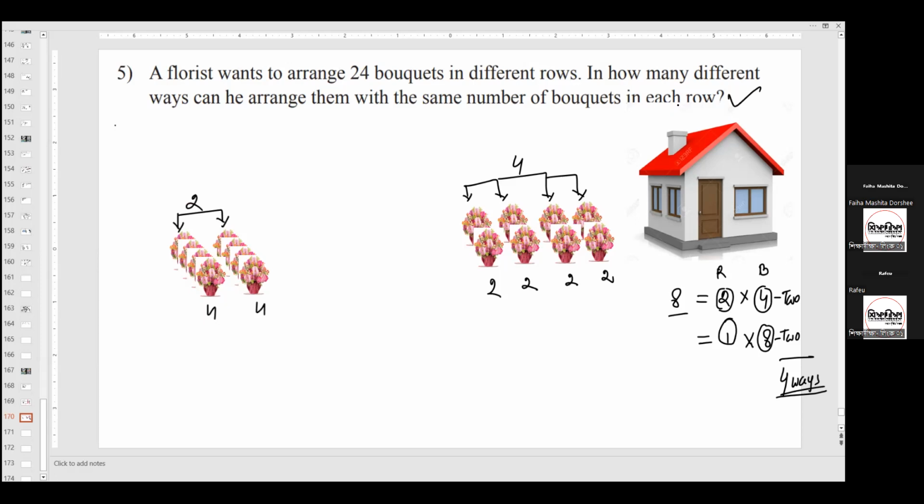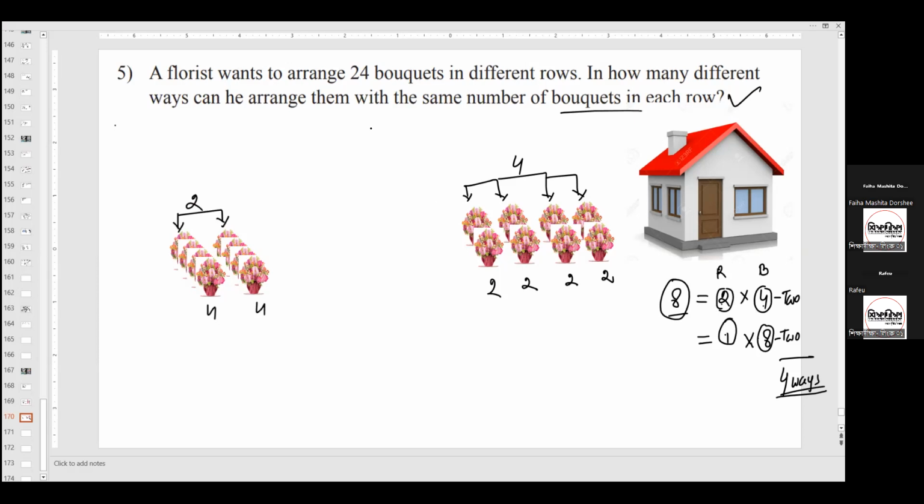If I have 8 bouquets altogether, then since the number 8 has altogether 4 factors, we have 4 different ways to arrange them according to the instruction given in the question, right?